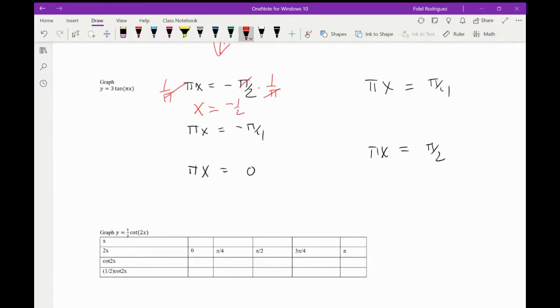Okay. We'll do the same thing here. 1 over pi. 1 over pi. So those are going to cancel. That's going to give me a negative 1/4. All right. 1 over pi. X is equal to 0.